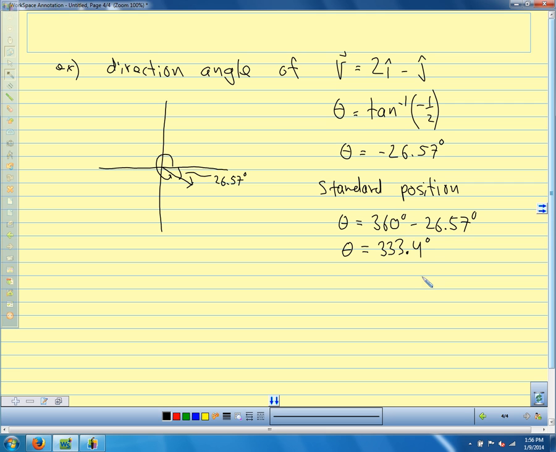So that's how we find our direction angle. In general, when you use your calculator, when we use the inverse tangent, thinking about our domain restriction when we found our inverse tangent function, what's our calculator going to give us, an angle between which two angles? Remember our restriction for inverse tangent?